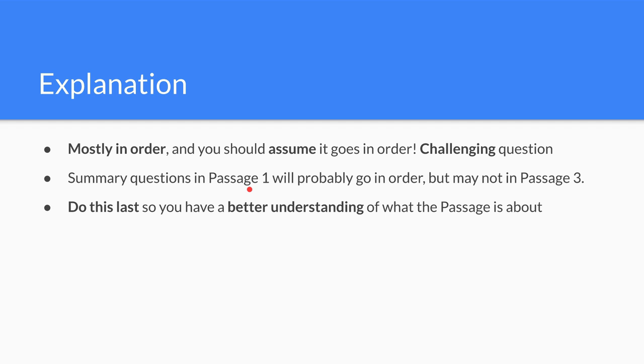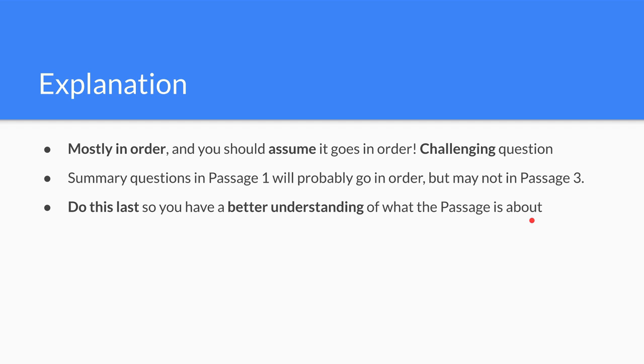So, what you want to do is when you see this question, don't answer it right away. Rather, what you should do is simply mark the keywords in the summary questions and then just leave it. Mark the keywords, have those keywords in the back of your mind, and then come back to these questions at the end. Because when you return to these questions after you have answered the easy questions, you will already have a better understanding of what the passage is about.